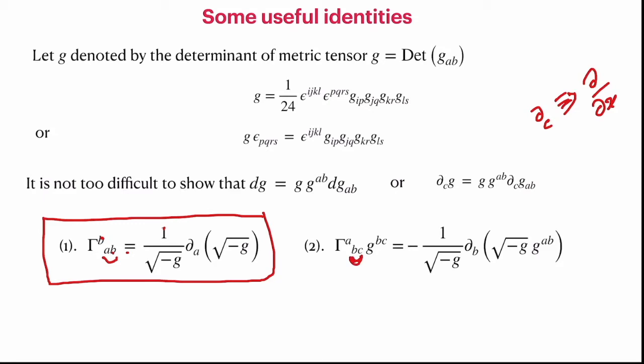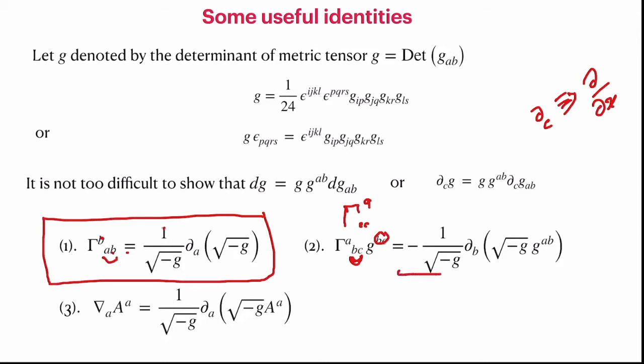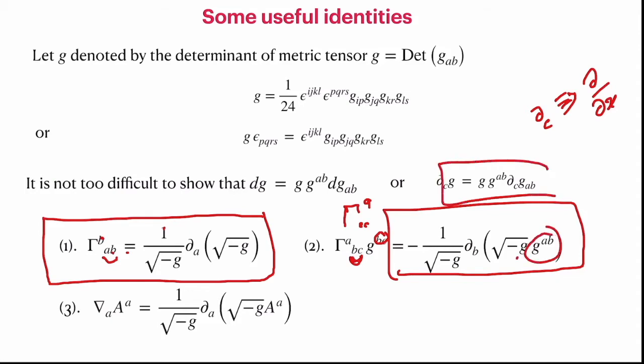That is done by multiplying by g^bc. Writing it as gamma with contracted indices would lead to confusing notation, so instead it would be written like this, and that can also be written as a differential of the determinant of the metric and the metric tensor itself. This is something similar along this line, and it is also possible to show it in a straightforward way.